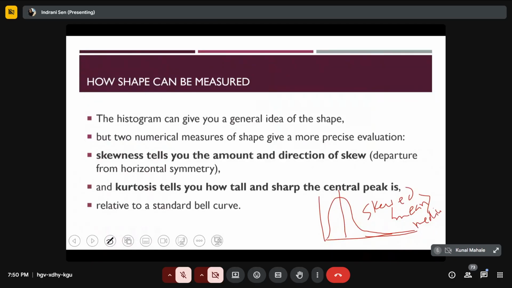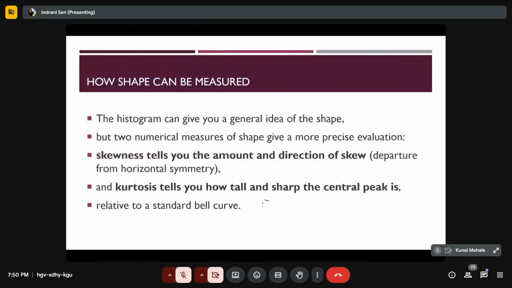Why does that happen? For example, if you have marks, like 50.5, 80.6, 90.7.